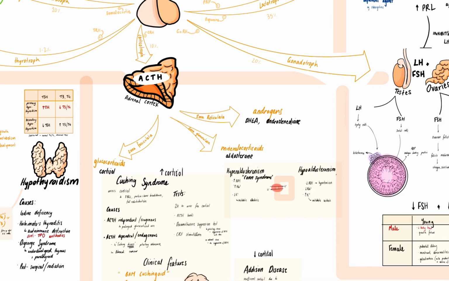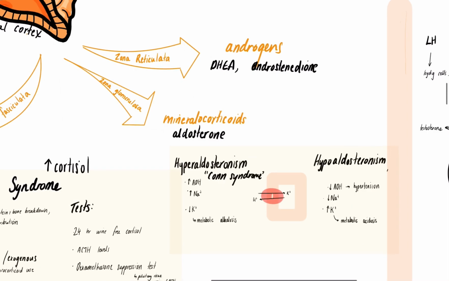Now moving on to the other parts of the adrenal cortex. Another thing that you might want to know is hyper and hypoaldosteronism. And so this is caused by the production of aldosterone from the zona glomerulosa of the adrenal cortex.